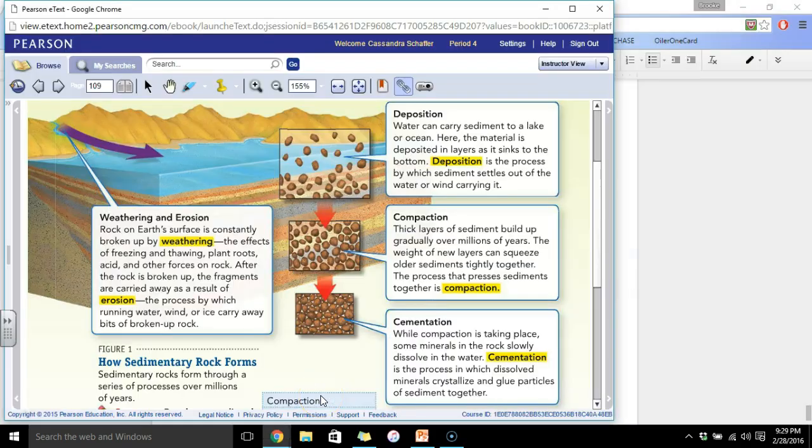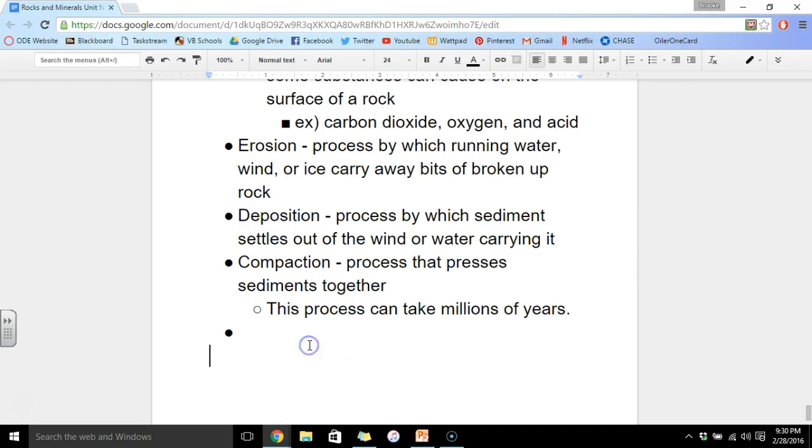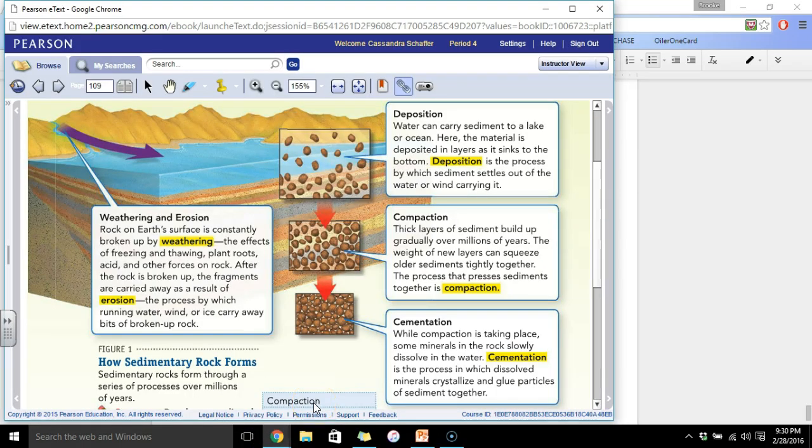So we have deposition, compaction when it presses together, and then cementation. When compaction is taking place, some minerals in the rock slowly dissolve in the water. Cementation is the process in which dissolved minerals crystallize and glue particles of sediment together. Let's try reading that again so it makes more sense.